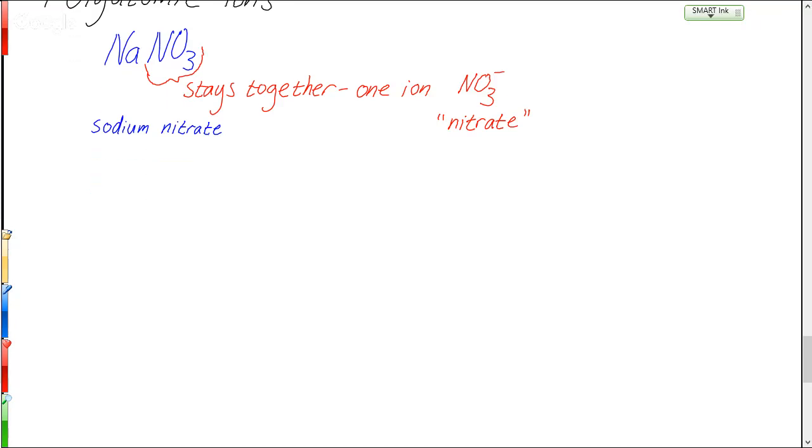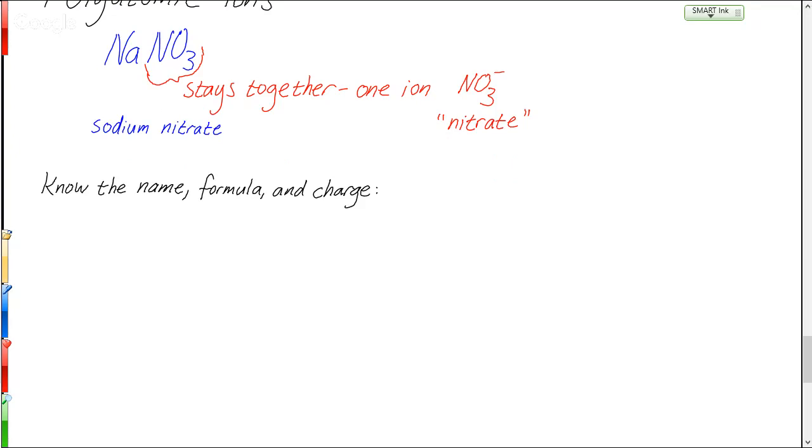So for each of these, you need to know the name, formula, and the charge. Because we can't figure out the charge from the periodic table, so we just have to know it.